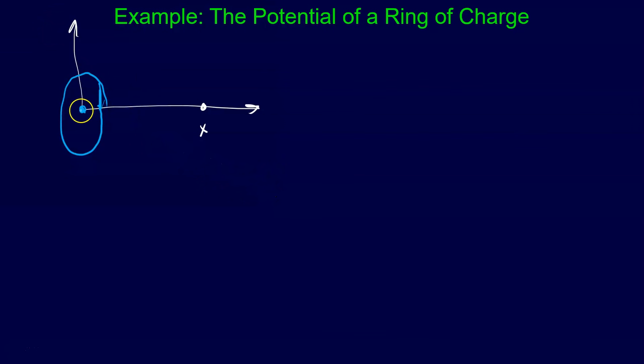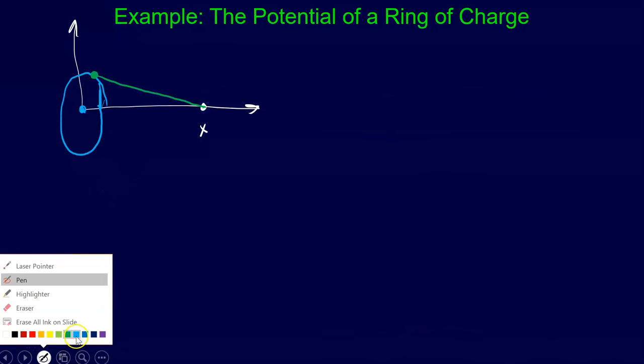Now we want to find the potential at point X from this ring of charge. It's set up so that any point on the ring is the same distance away from point X. It's the same geometry that we had in our ring last time.